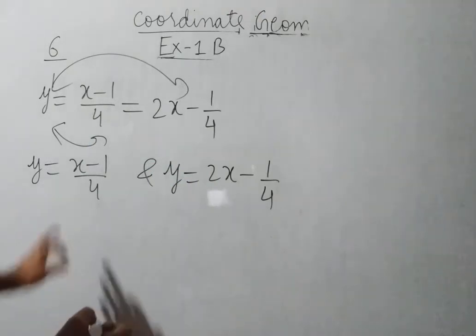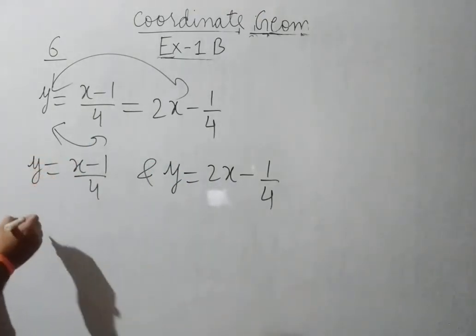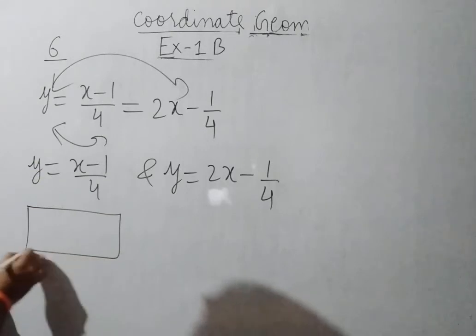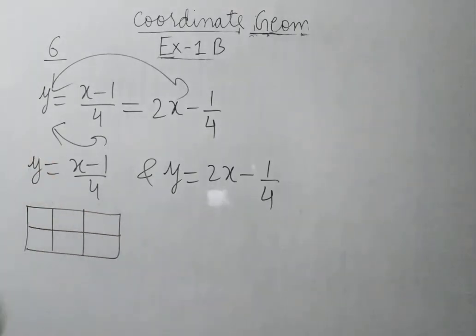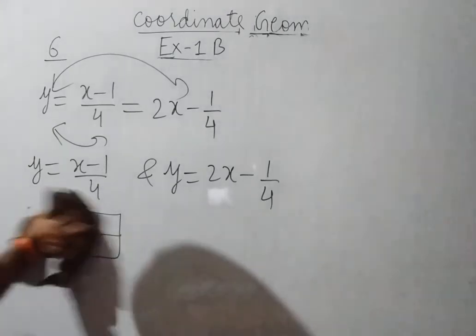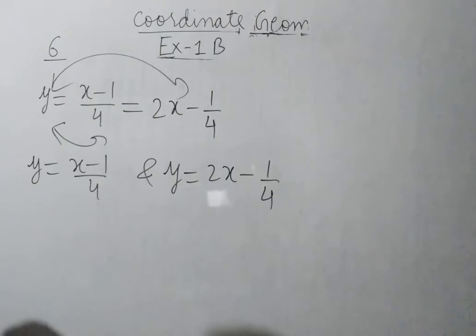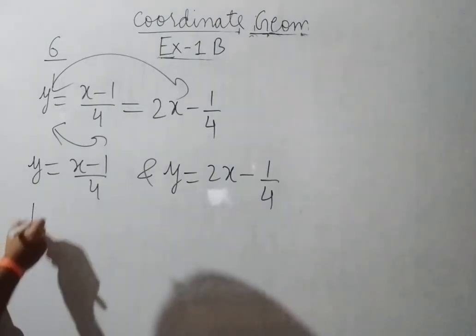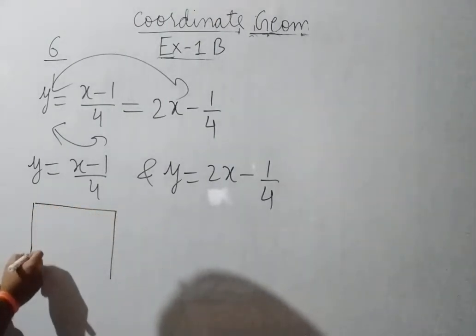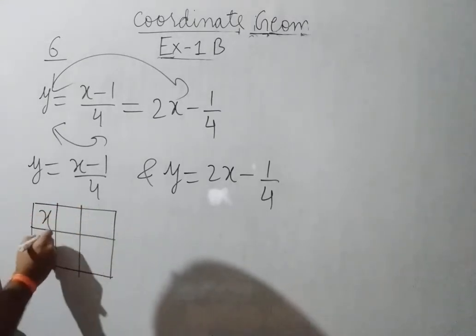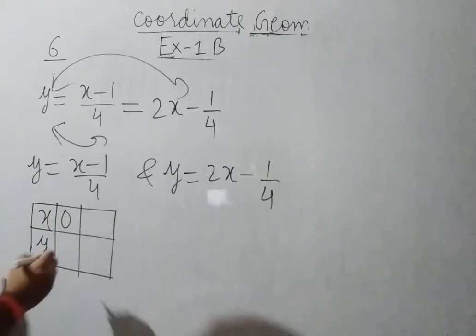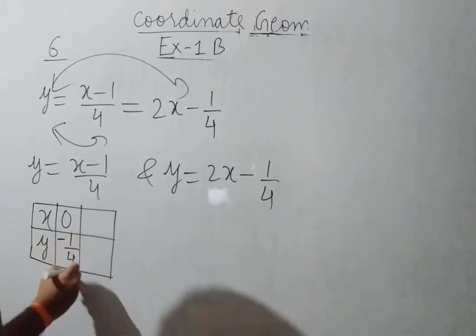Clear? Now in this, see, for this, if x is 0, what will it give? If x is 0, see, this table. Now if x is 0, y will be minus 1 upon 4.